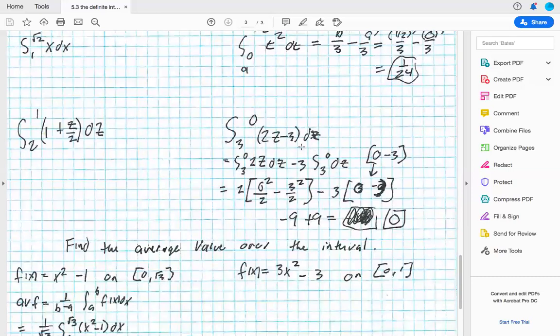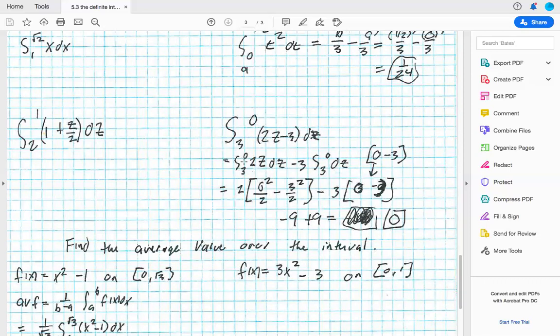Now, if we have the integral from 0 to 3 of 2z minus 3 dz, we're going to use some integral rules, split this thing up like we have here. The 2 could actually come through.